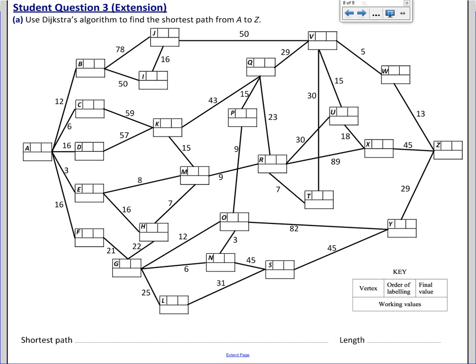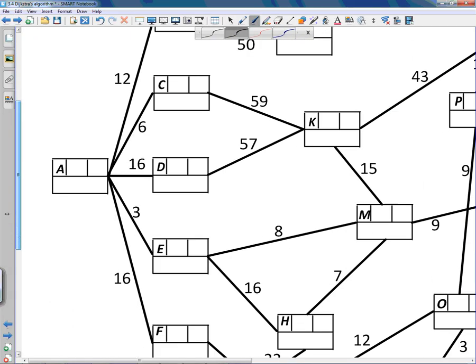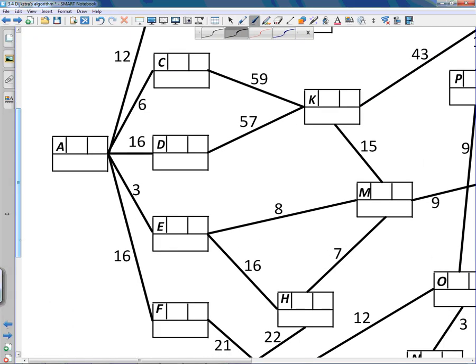So we're starting at vertex A, and we're trying to find the shortest path to vertex Z. We've got the trivial thing at the beginning here that we're starting at A, and because we're at A, we can get there in 0. So that's going to be the first one that we connect.